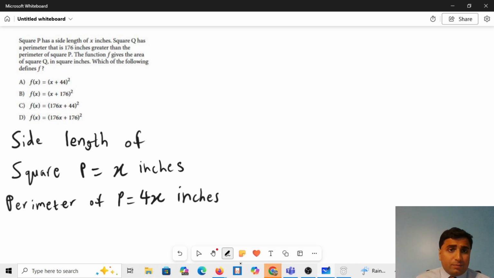Now, we are given that the perimeter of square Q is 176 inches greater than the perimeter of square P. So therefore, let me write this over here.